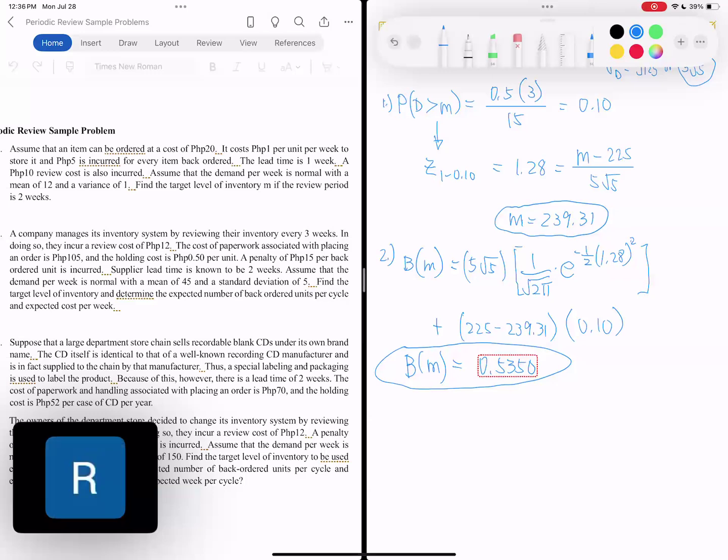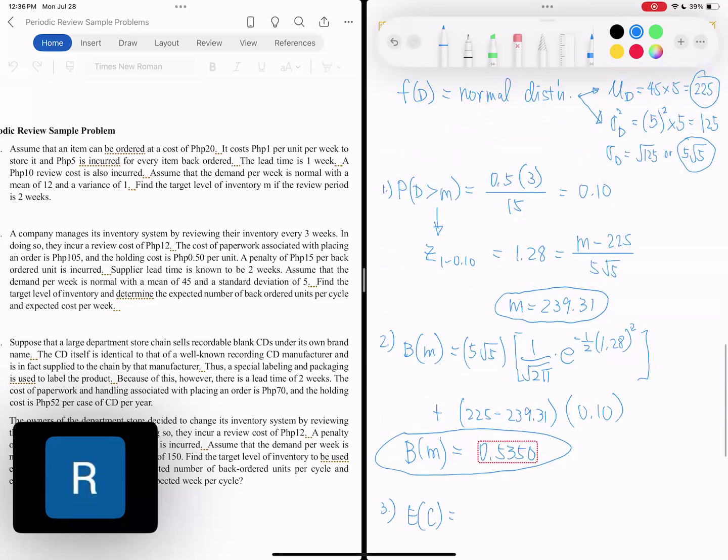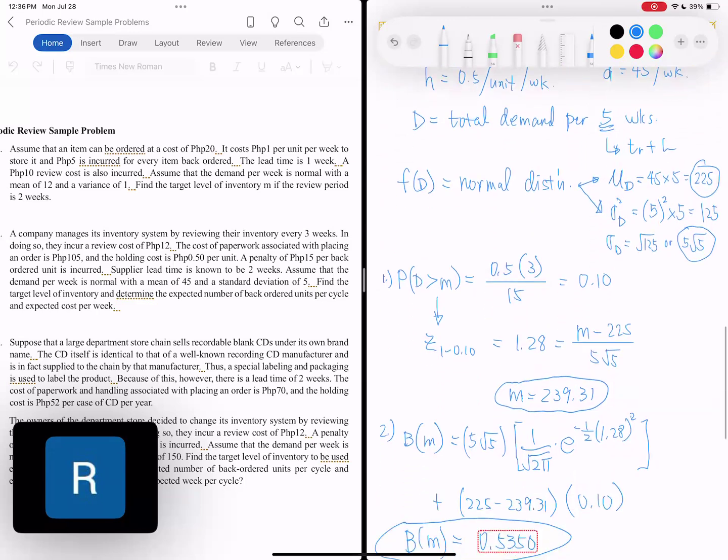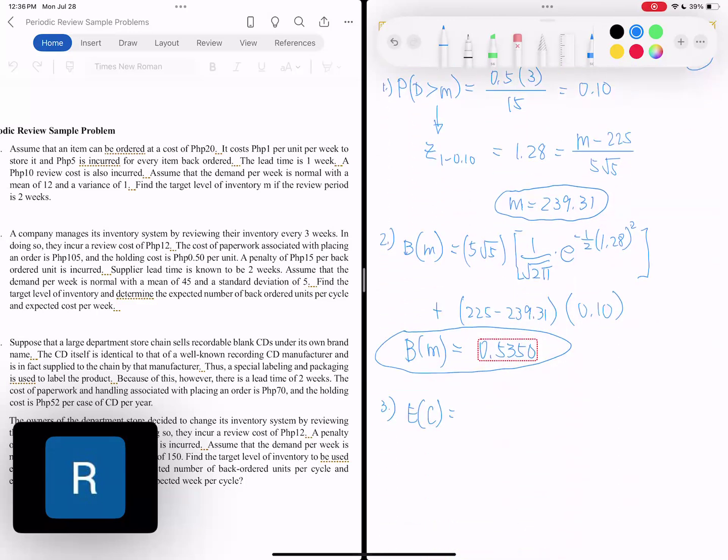Then the third one being asked is the expected cost. You will see here, expected cost per week, which is expected cost per capital T, 1 week. That's the basic. So you have expected cost, and that's A over TR. Going back here, A is 117. So you divide that by your TR of 3.